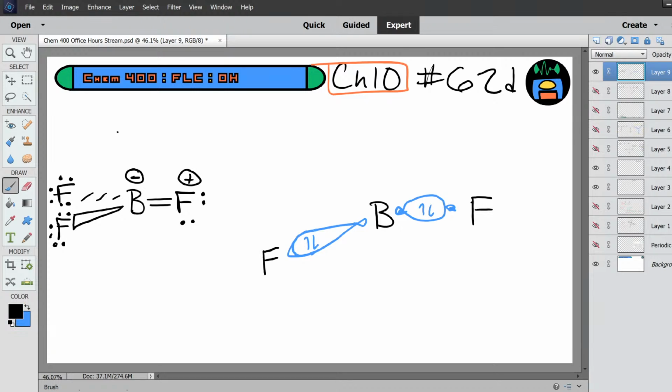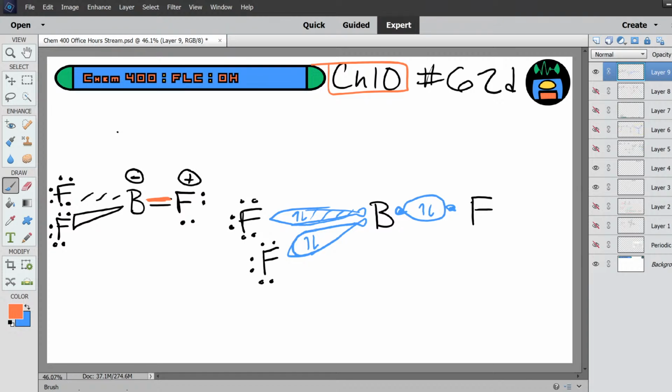To all 3 fluorines. So we still have all 3 sigmas in play. But now in this Lewis structure, you'll notice we've got that double bond, so we need to account for it.